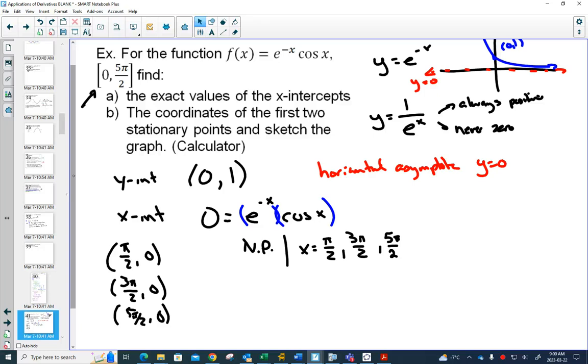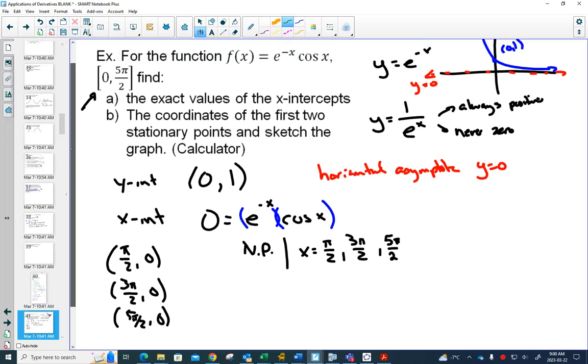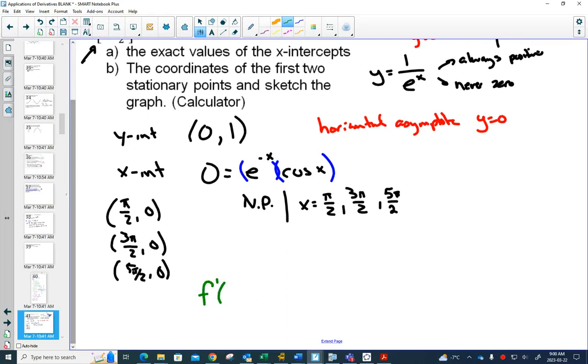Okay, so go to green, find our derivative. A little bit more challenging a derivative than the last one because we have a product rule, chain rule, some of the stuff that you've remembered and forgotten maybe a little bit. So product rule says keep one the same, multiply by the derivative of the second one.